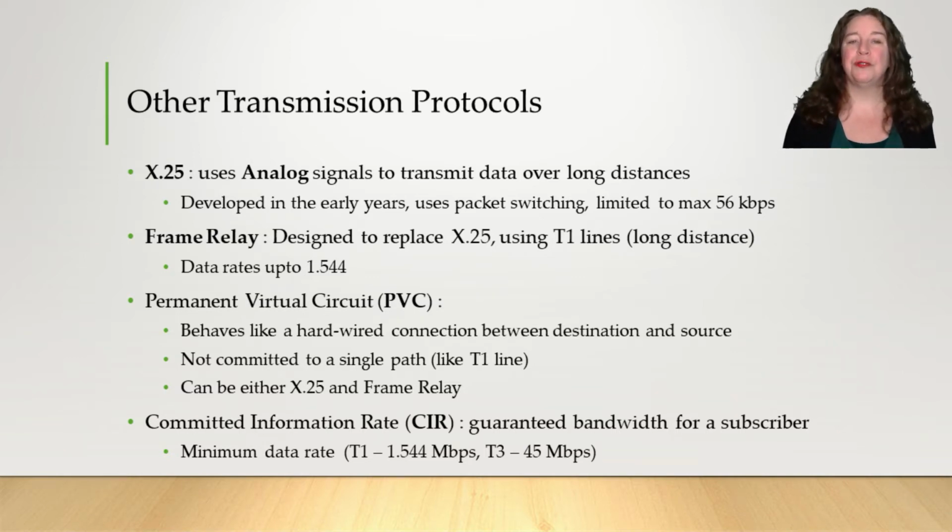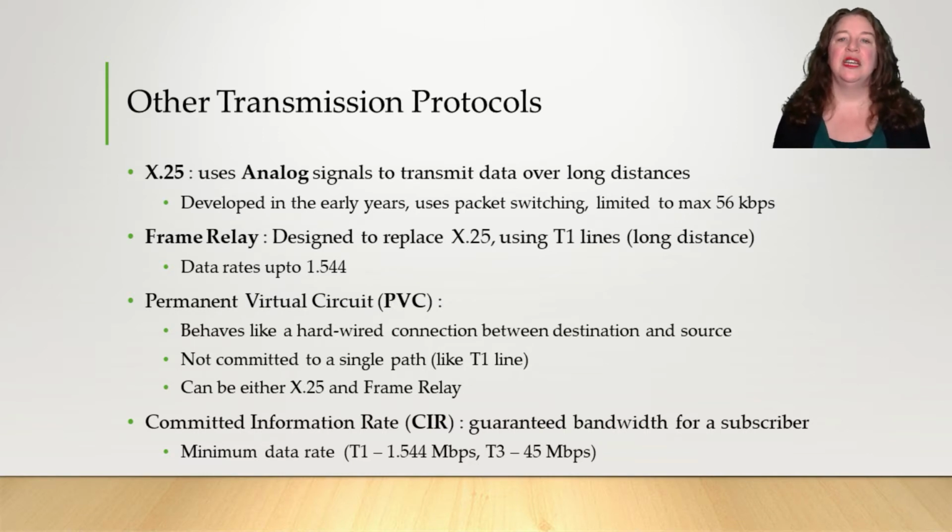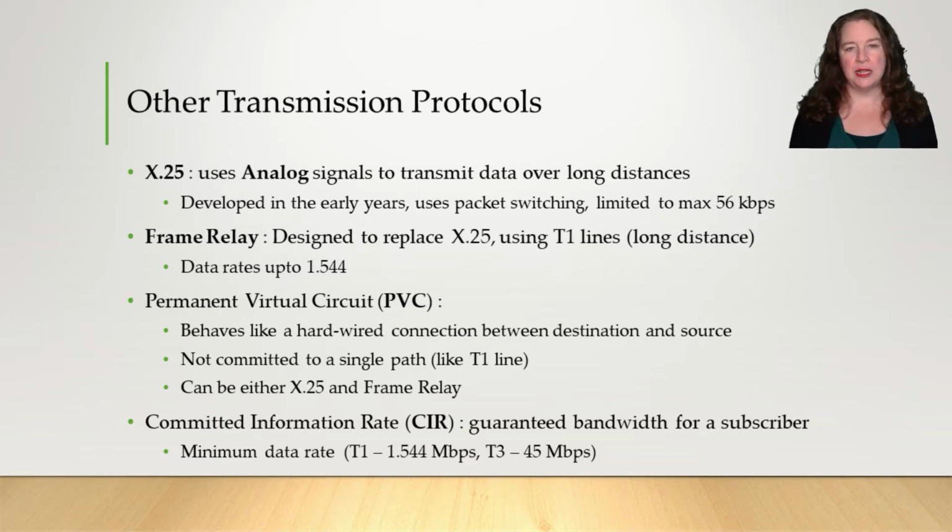Next, we came up with the frame relay, and frame relay was designed to replace X.25. Frame relay was designed to use T1 lines over long distances, and it sped up to data rates of 1.544 megabits per second, so a lot faster. When you use either the frame relay or the X.25, you can create what is called a permanent virtual circuit.